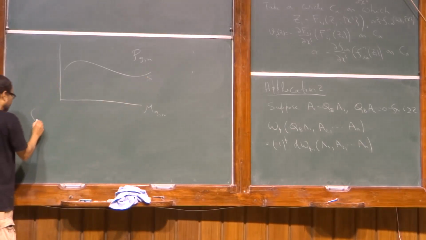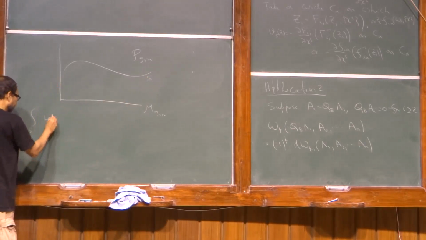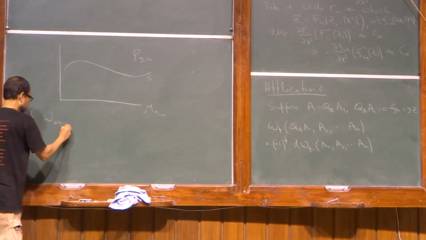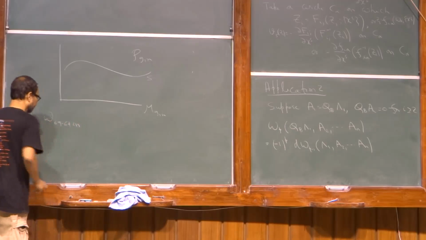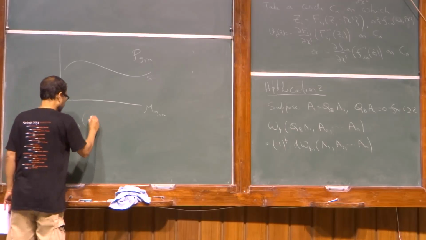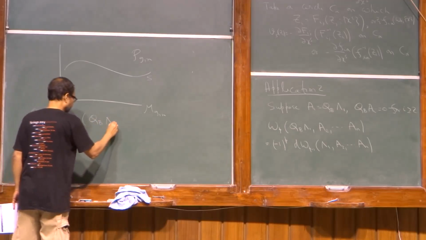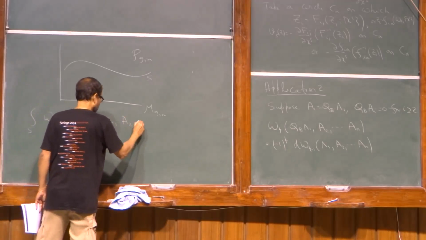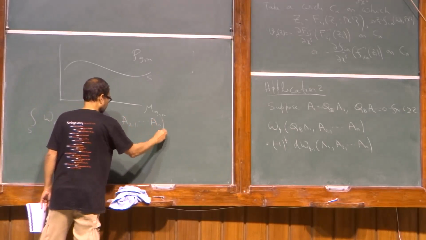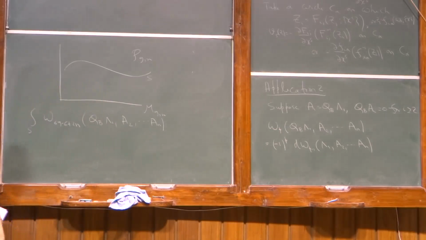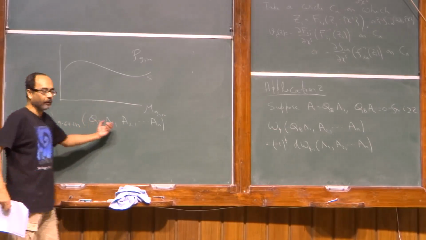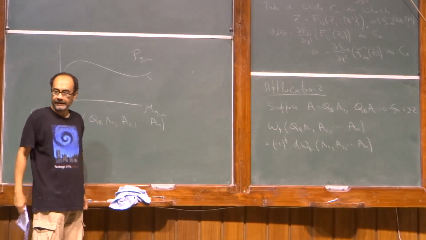And you want to calculate the integral over S of omega 6g minus 6 plus 2n of QB lambda 1, A2 to An. So this is an amplitude. This is our on-shell amplitude because all are BRST invariant.